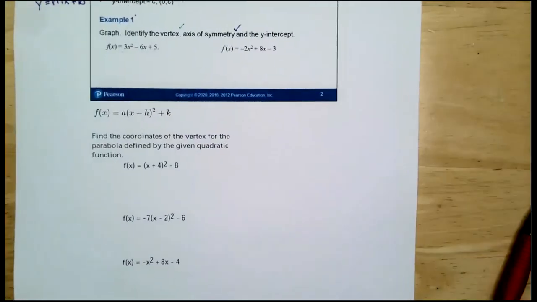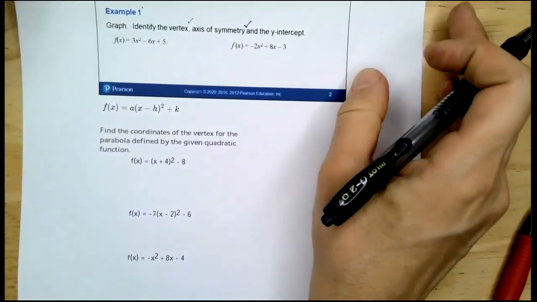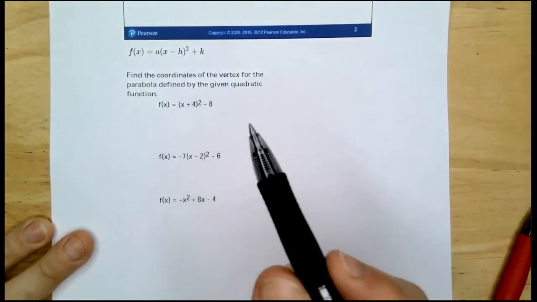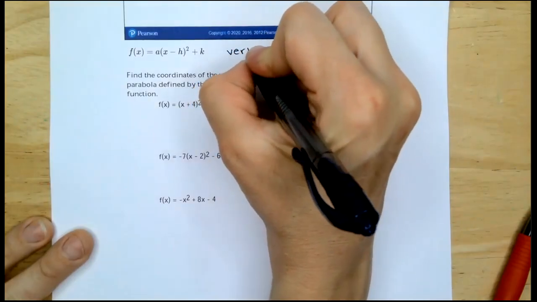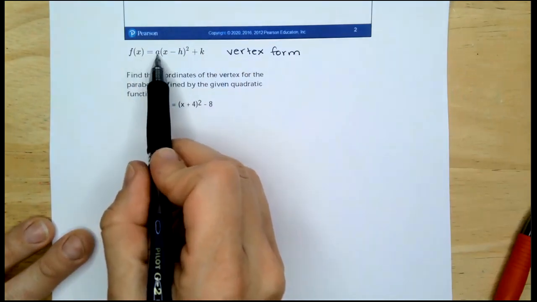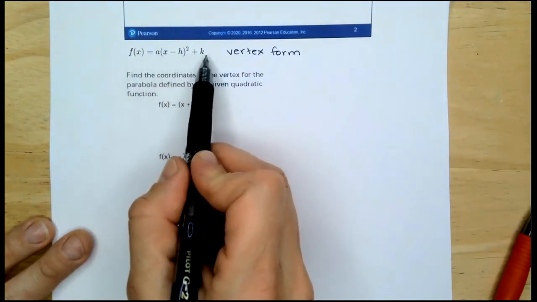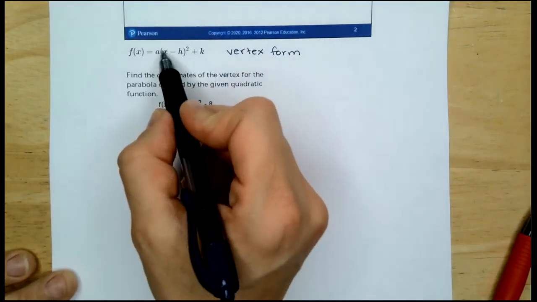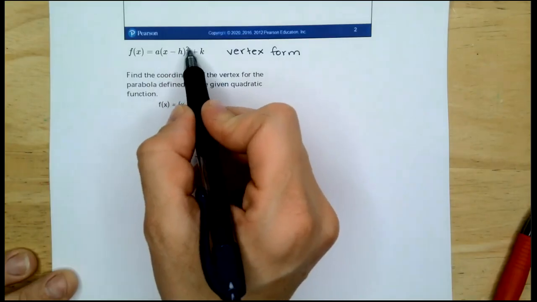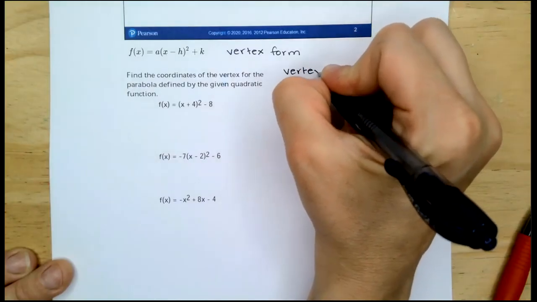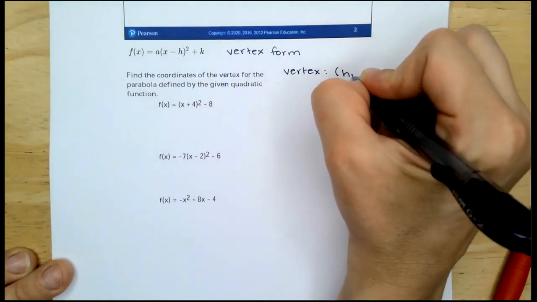If you see a quadratic equation in this form, remember, this is called vertex form. It is because it gives you the x and the y value of your vertex just by looking at it. It's a times the quantity x minus h squared plus k, and your vertex is just h, k.